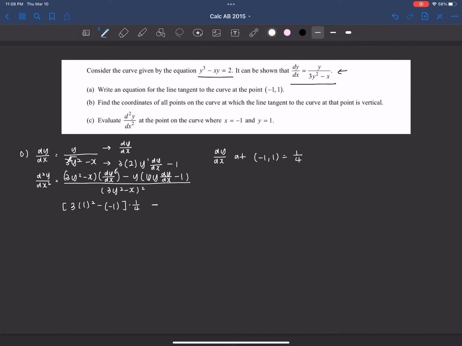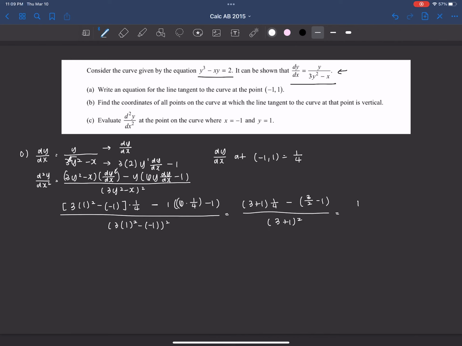And then we have that minus y is equal to 1, 6y, that's just 6, times dy dx, which is 1/4. Put another parentheses here, minus 1. And the denominator is going to be 3 times 1 squared, which is just 1, but I'll put it there for good measure, minus 1 squared.